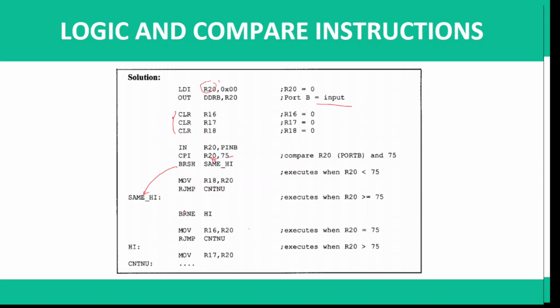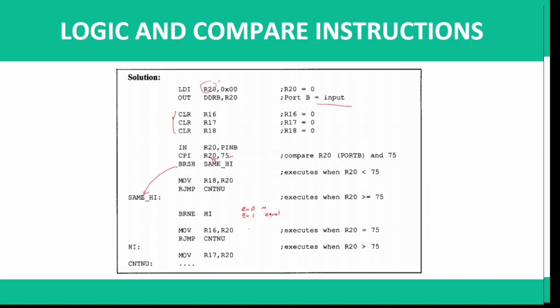Now niadto na siya sa same high na value, same high. We have here an instruction BRNE high, branch if not equal to high. Branch not equal. Not equal kung Z is equal to 0, di ba? But Z is equal to 1, meaning equal siya.